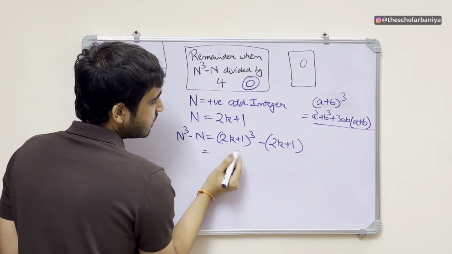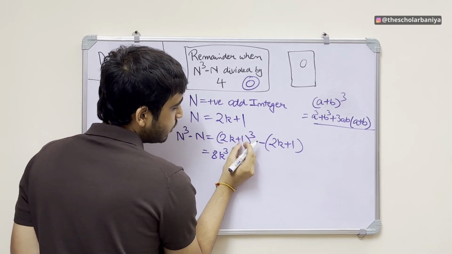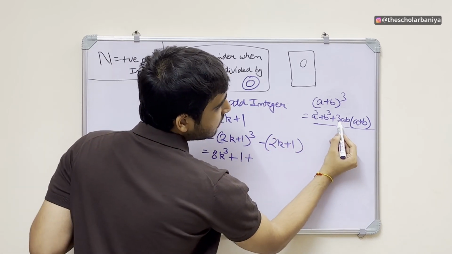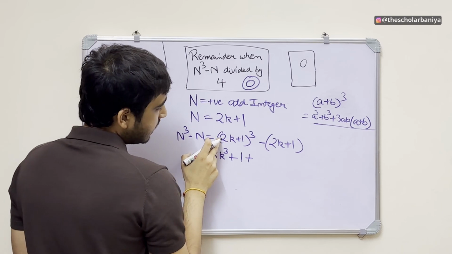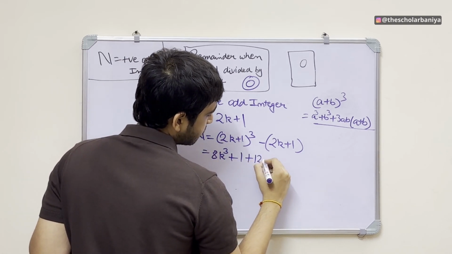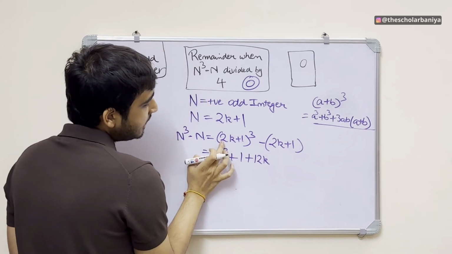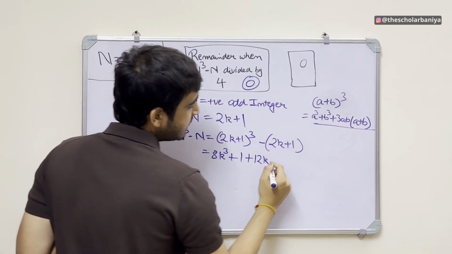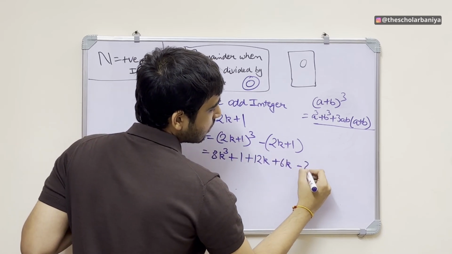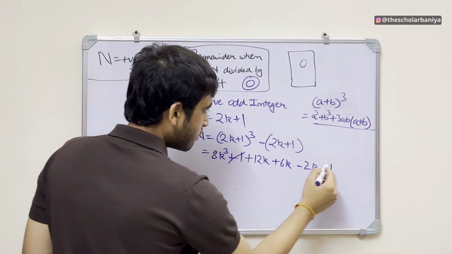So what will this be? a cube means 8k cube, plus b cube means 1 cube or 1, plus 3a square b, that is 3 into this square into this. So this becomes 12k square, plus 3 into a b square, 3 into a into b square, that means 6k, minus 2k minus 1, right? So plus 1 minus 1.